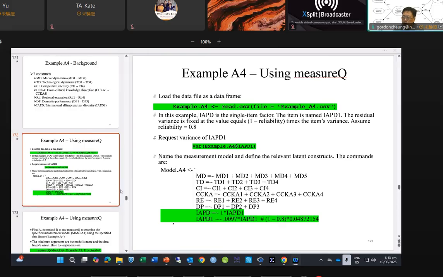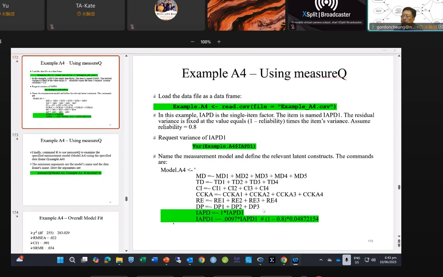Then you can report in your study saying that, hey, I have tried different reliabilities, 0.7, 0.8, 0.9, and 1. And they all show that the results are very similar. So this is how we run the sensitivity analysis.